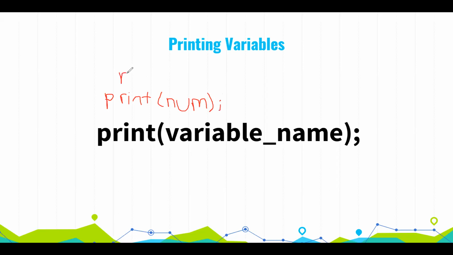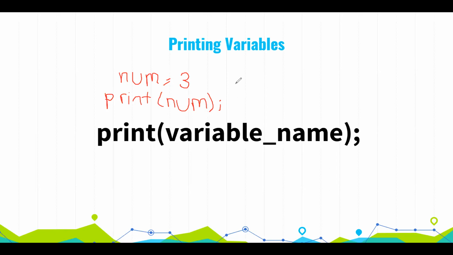To define what num is, before you print any variable, you need to define what it is, right? So num equals, anybody want to give me a value? 3? Okay. So num equals 3. Print num, and then it should print out 3.